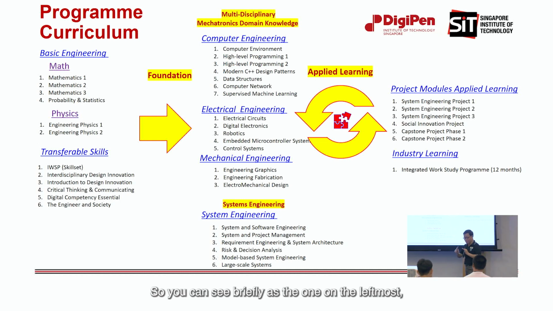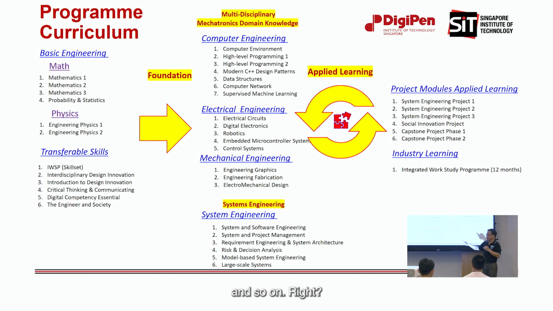You can see briefly the one on the leftmost will be your first-year modules. Then you move on to the second-year modules, where you go more into the details about programming, digital design, mechanical design, embedded control designs, and so on. With that, you'll be able to move on or work in parallel on projects.